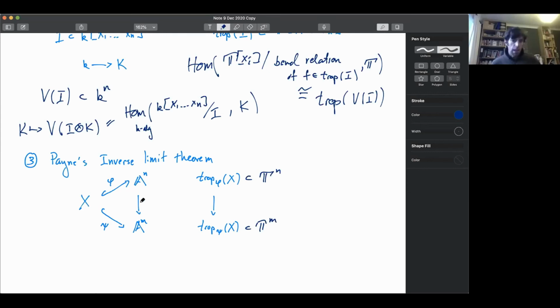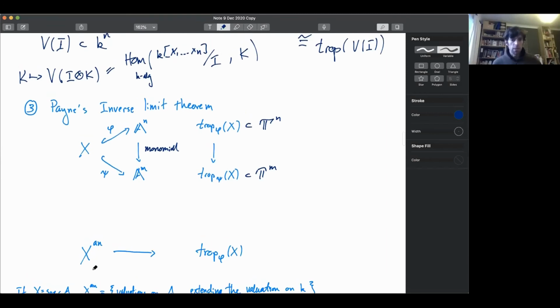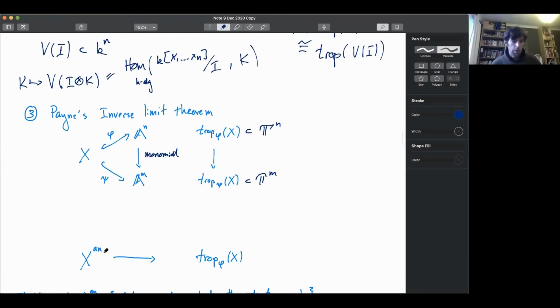And if I have a monomial morphism of affine spaces, then I get an induced morphism of tropicalizations. And Payne's theorem says if you take the Berkovich analytification of X, well, a very elementary construction shows that it admits a continuous map to each tropicalization.